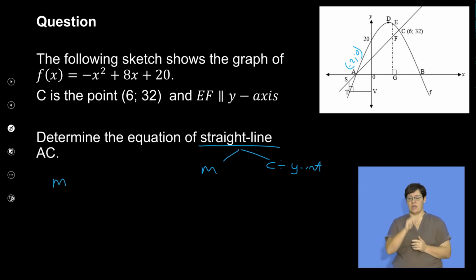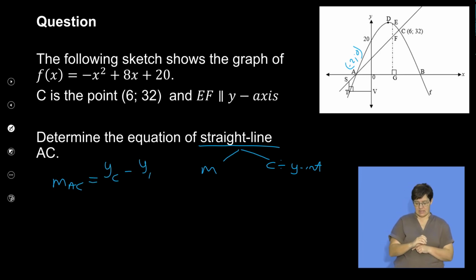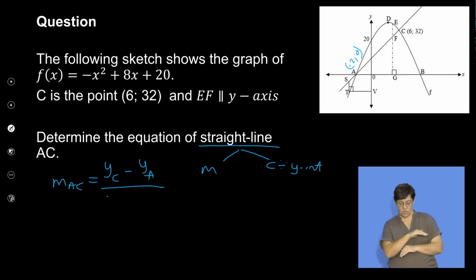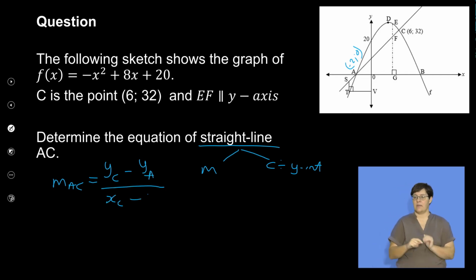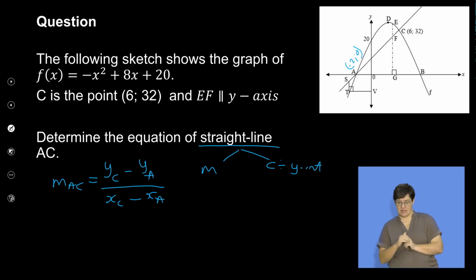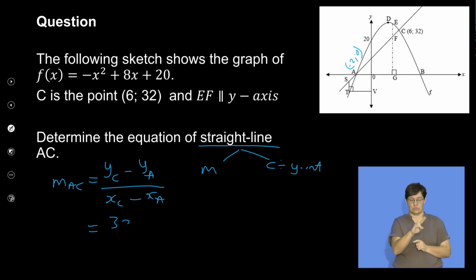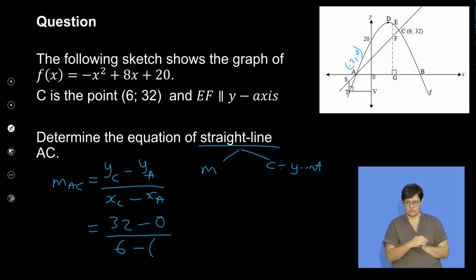So m of AC equals y at C minus y at A over x at C minus x at A. This will be my y at C, 32, minus my y at A, 0, over my x at C, 6, minus my x at A, negative 2.